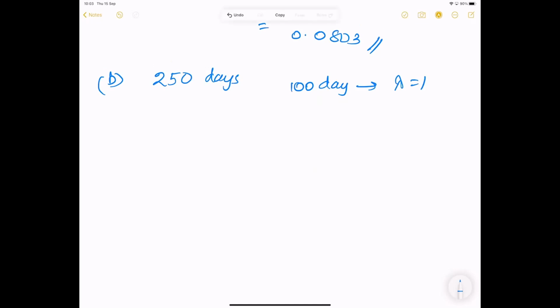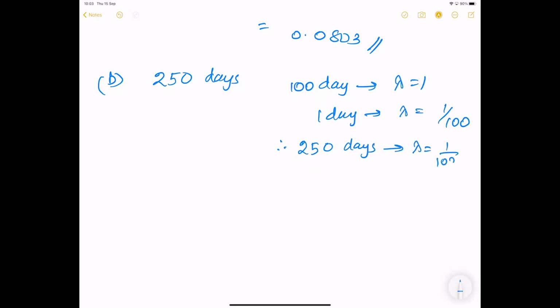If for 100 days lambda is 1, therefore per day that should be lambda 1 over 100, right? Therefore, for 250 days, lambda should be 2.5, right?